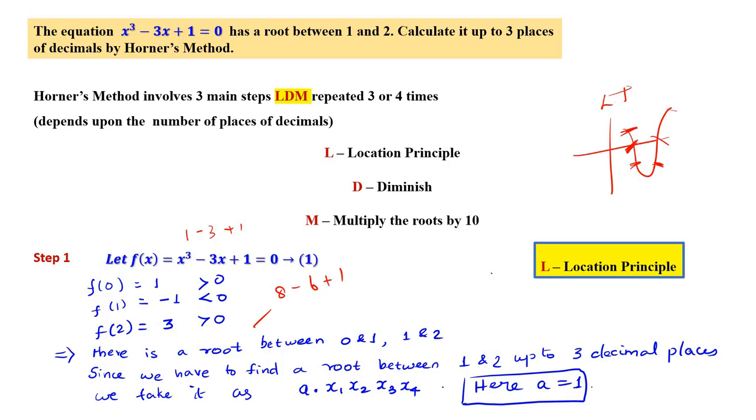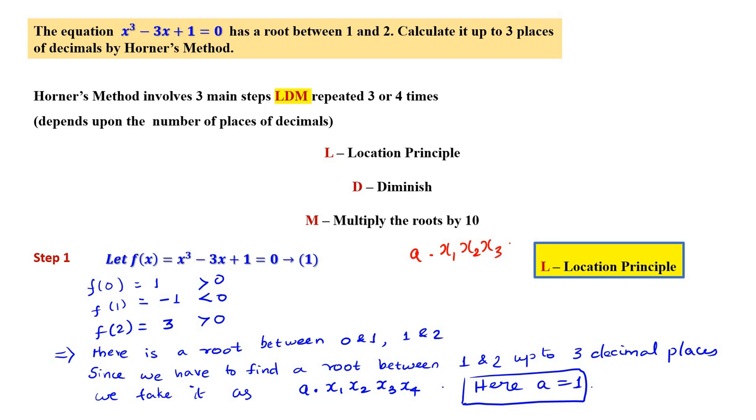Now if we have to calculate up to 3 places of decimals, we will consider the required root to be like this: a point x1, x2, x3, x4. To get 3 places of decimals, you have to calculate up to 4 decimal places, and then you can round it off.